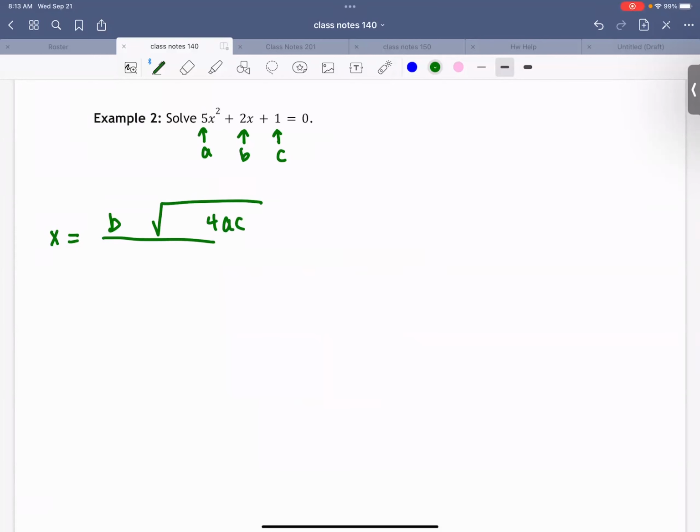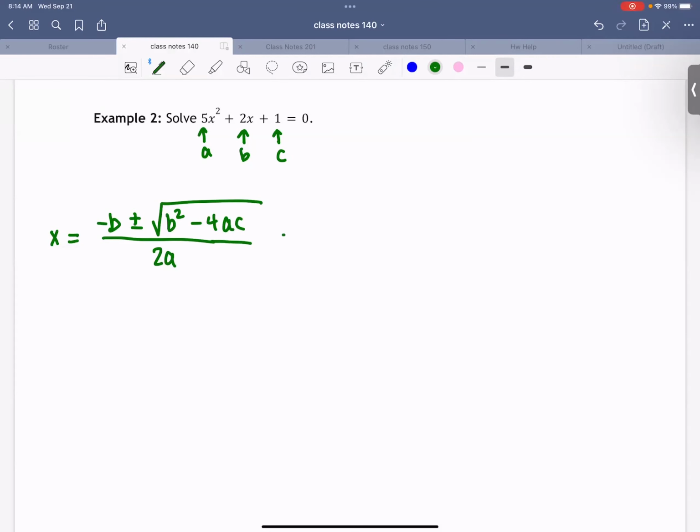Not plus, but minus. A plus or minus? Yeah. And then 2a. Okay, there's one more thing. There's a minus sign in front of the b, but good job there. Remember you have to memorize this formula, but good job, Amara, for the test on Friday.